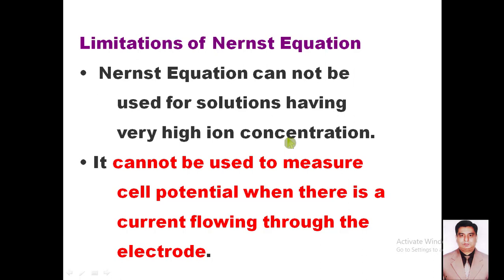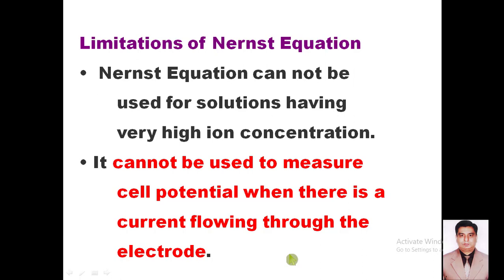And the second limitation of the Nernst equation is that it cannot be used to measure cell potential when there is a current flowing through the electrode. When the current is flowing through the electrode, then we cannot apply the Nernst equation to measure the cell potential.